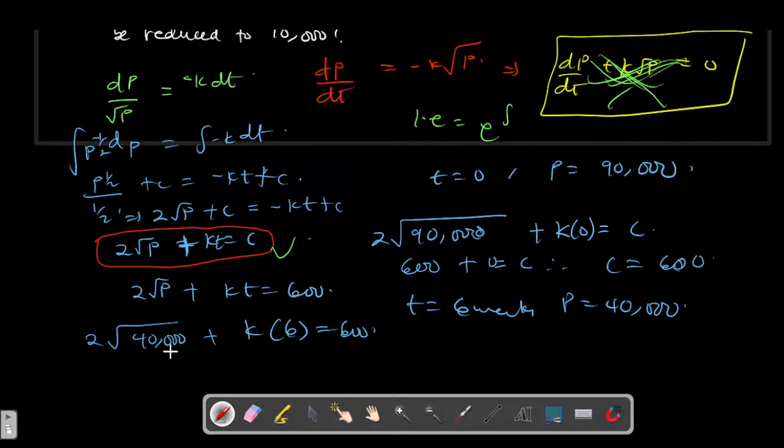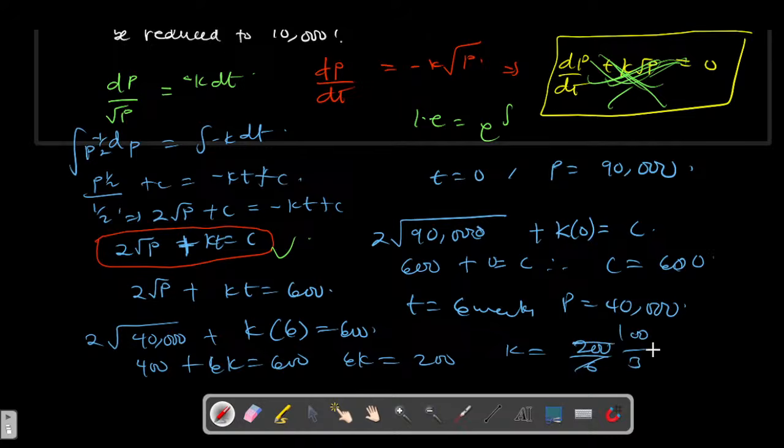This gives 200, and 200 times 2 is 400. 400 plus 6k is equal to 600. Therefore, I'll do my subtraction and get 6k equal to 200. Then k is simply 200 over 6, which is 100 over 3.